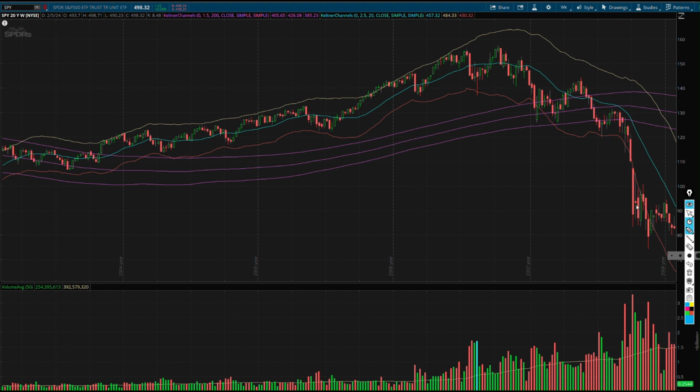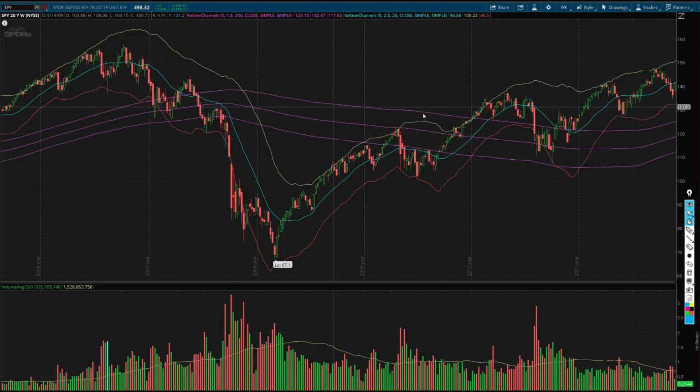If you look at the same example on the downside, the close of this week is below the lower channel. Okay, let's move a little bit. After this, we went down a month.